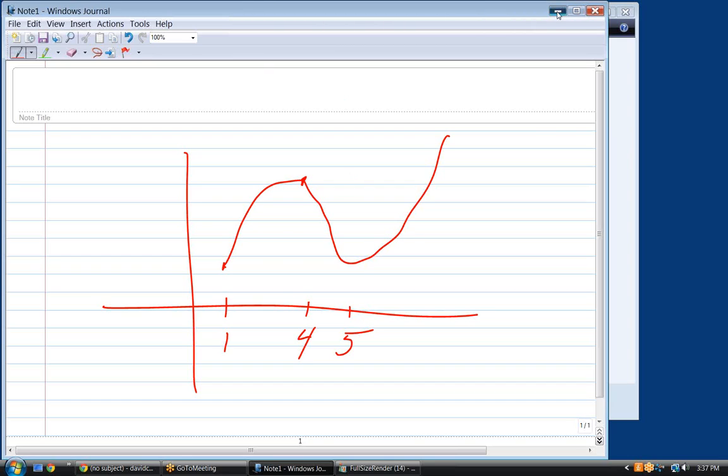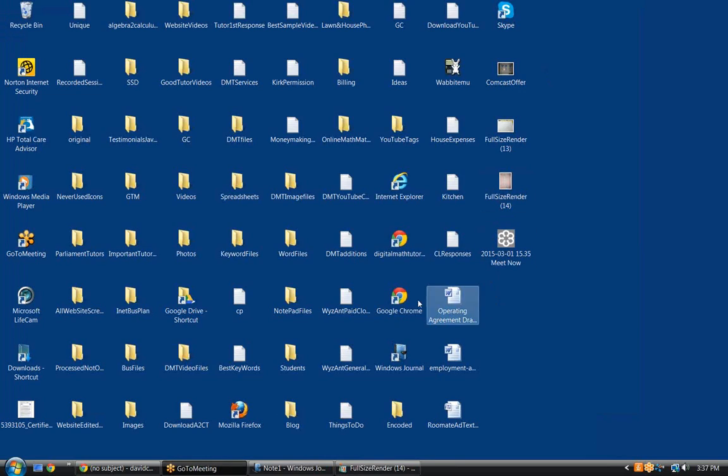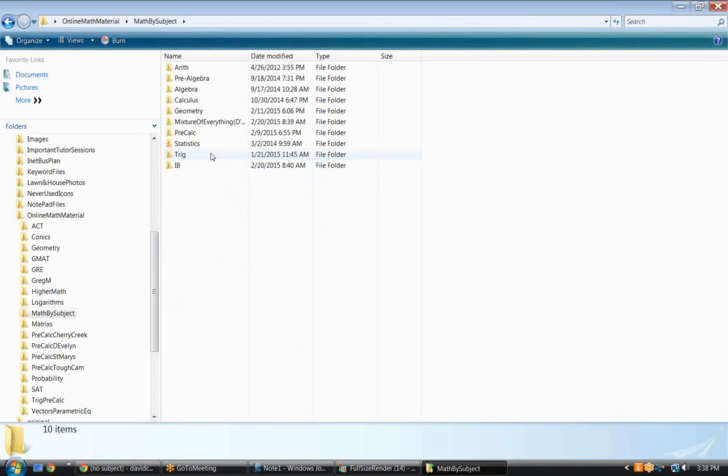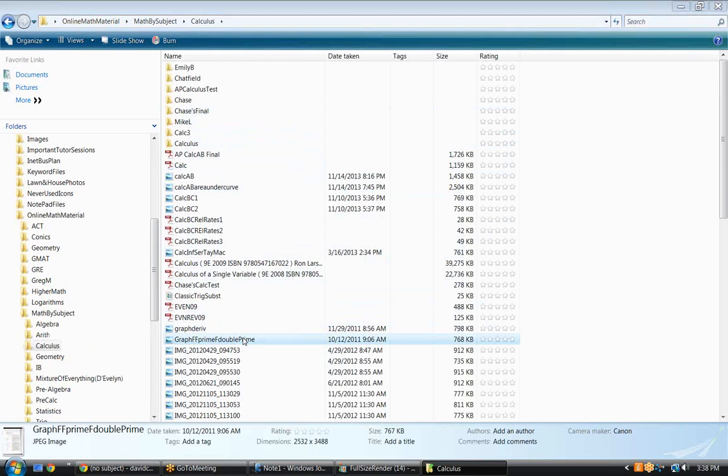In fact, let me show you something else I have here that I generally try to show most all of my calculus students. Let me see if I can find it. And it is this curve right here.